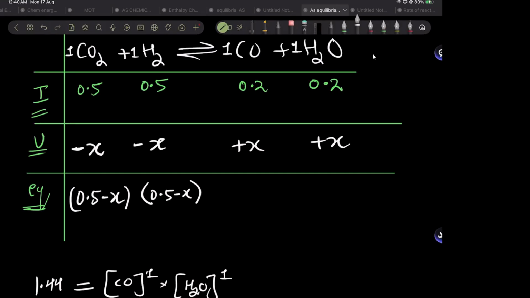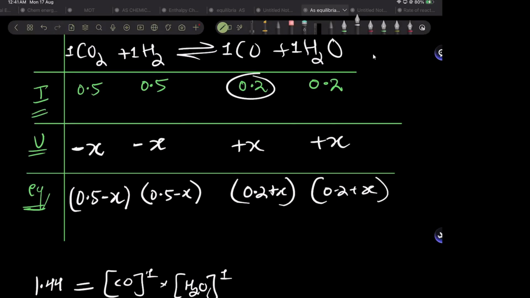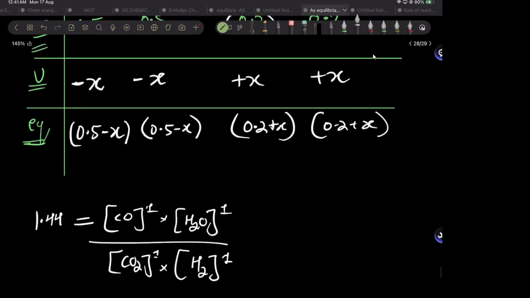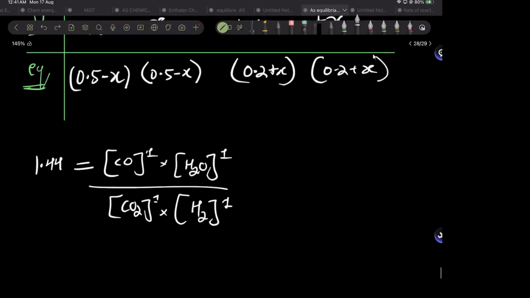What about carbon monoxide? That would be the initial moles plus these moles, so 0.2 plus X. And H2O? 0.2 plus X. So now I have the expressions of the moles of each substance present at equilibrium, right? And since I have the Kc value already, what can I do? I'll insert these moles over here and then I'll solve for X.